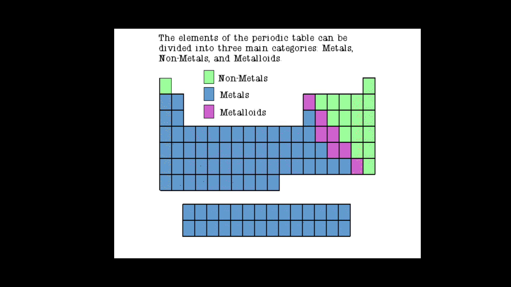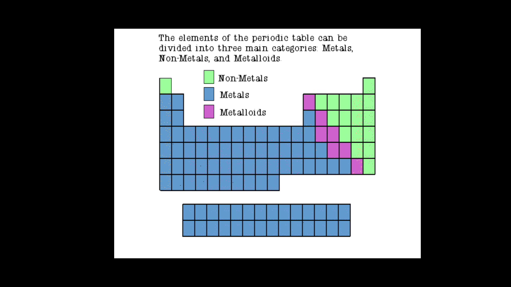Next, the elements of the periodic table can be divided into three main categories: metal, non-metal and metalloid. See here, there is color differentiation, a different color for metals, non-metals and metalloids.